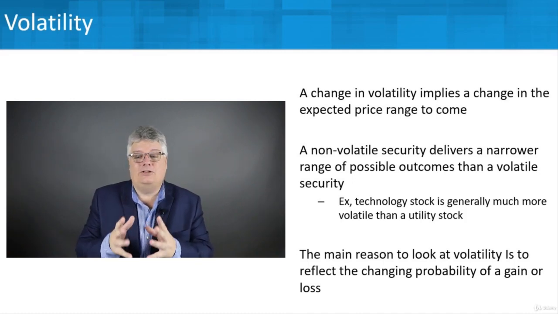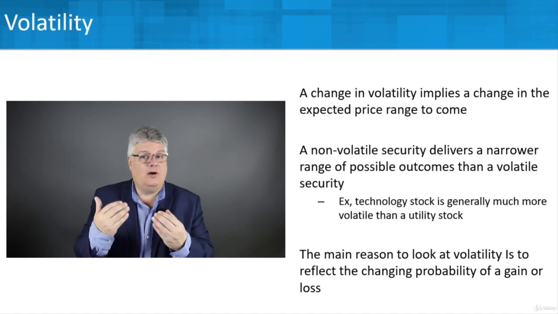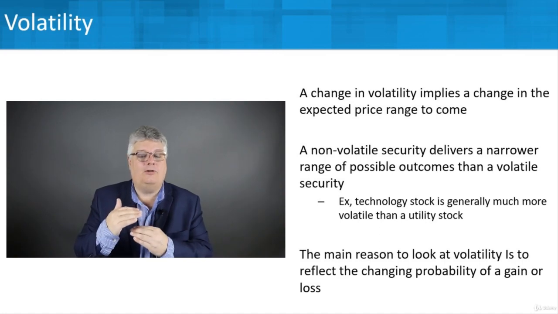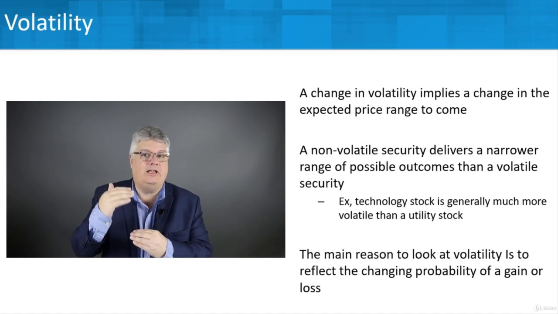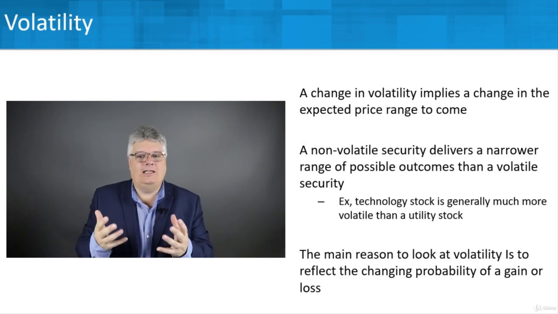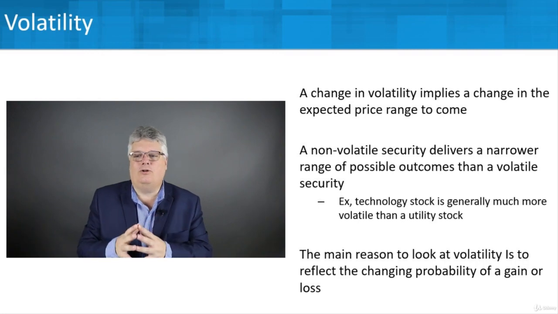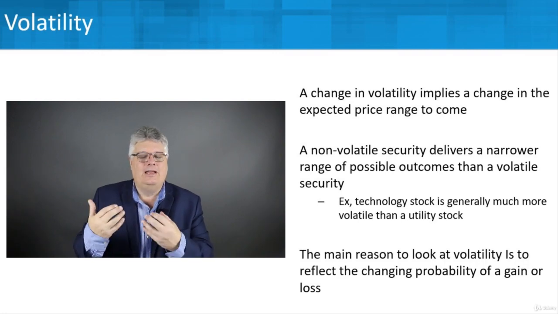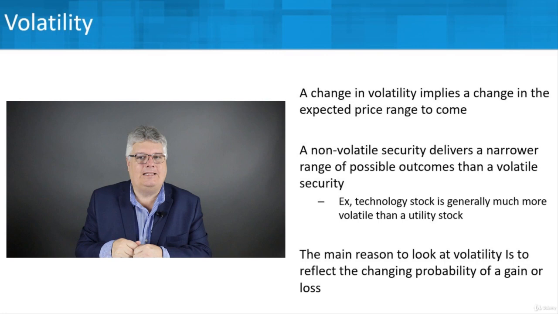So a non-volatile security delivers a narrower range of possible outcomes than a more volatile security. Right? That makes sense, right? And thus, again, a typical technology stock or a Bitcoin or cryptocurrency is generally more volatile than something like a utility stock that has very little variation in price.